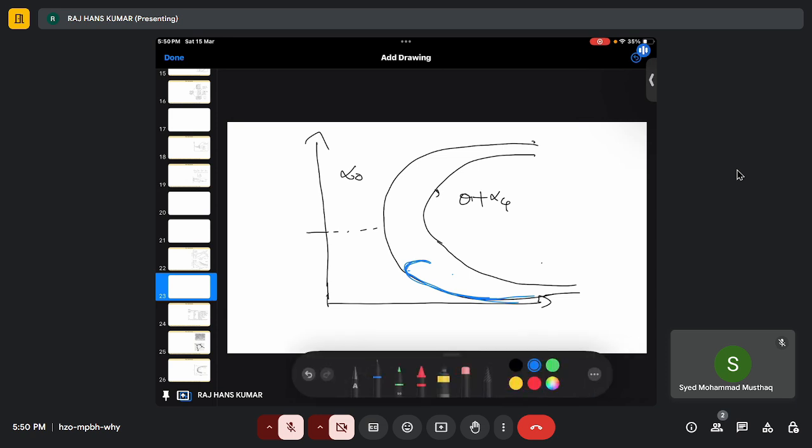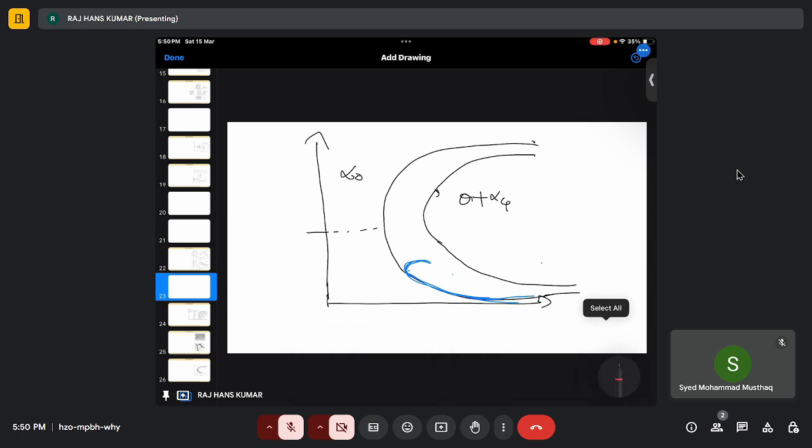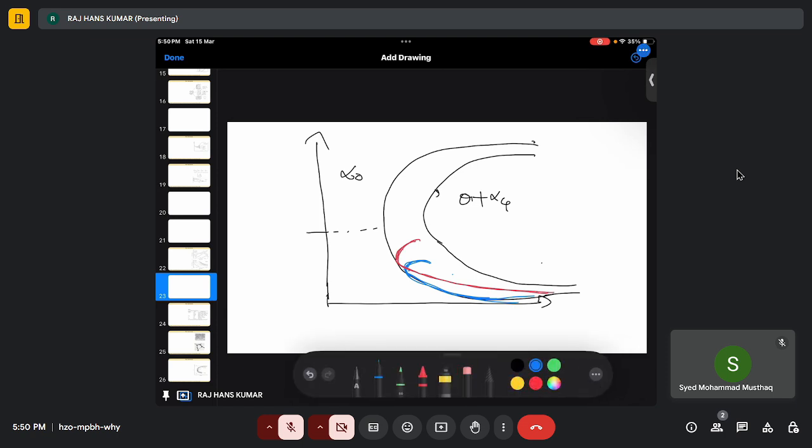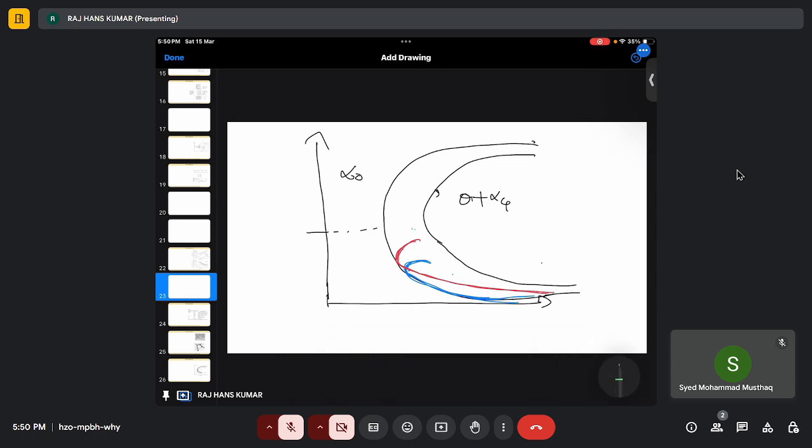Now the next one is, if I try to increase my temperature, my theta prime. You can call it theta double prime. After that, I have what?